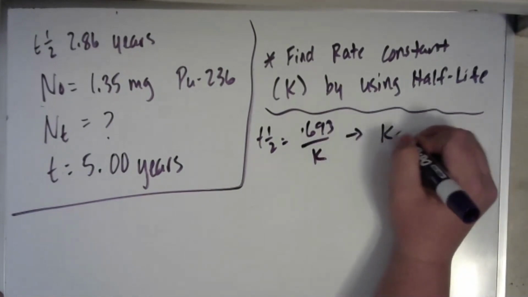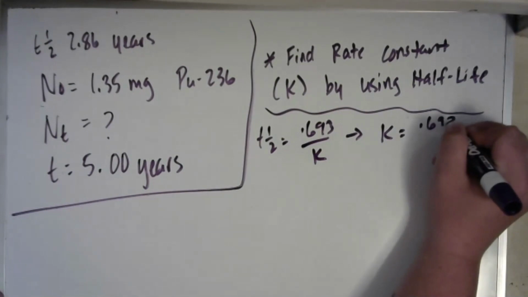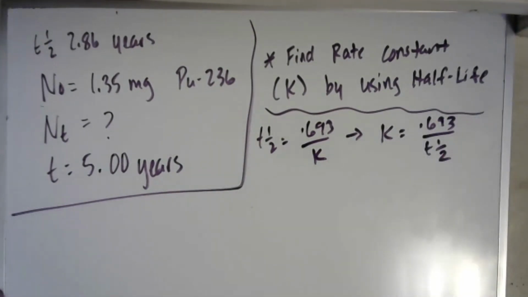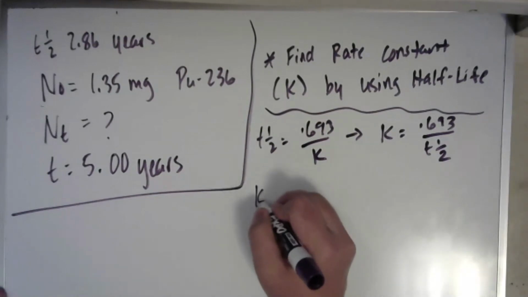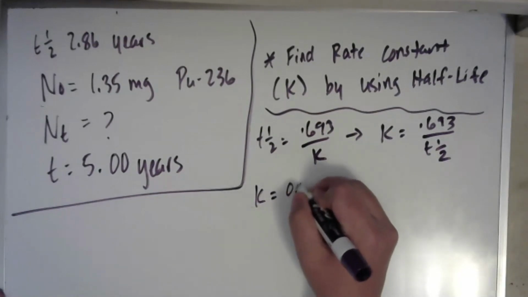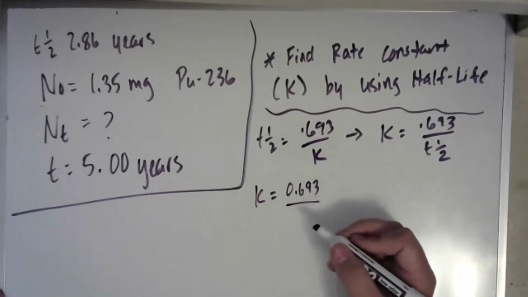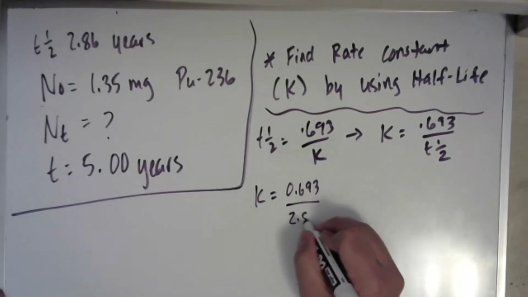That means that we can find k by taking 0.693 and dividing it by our half-life. So that means that our k in this case is going to be 0.693 over, what was it, 2.86 years.